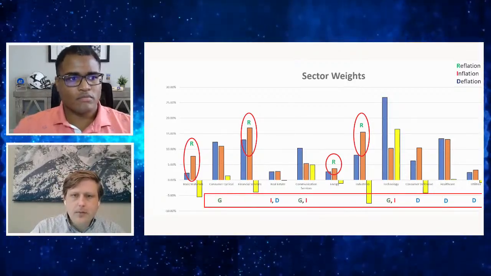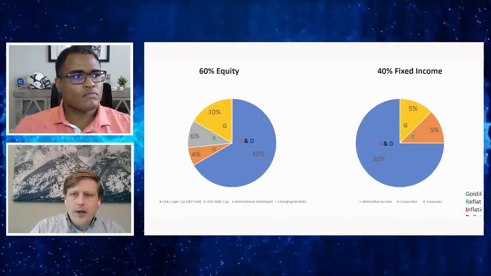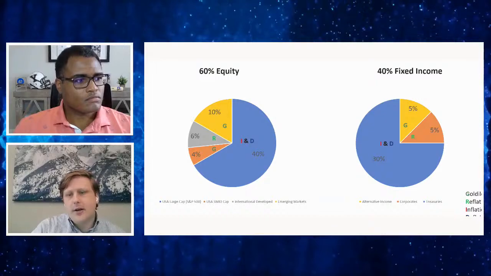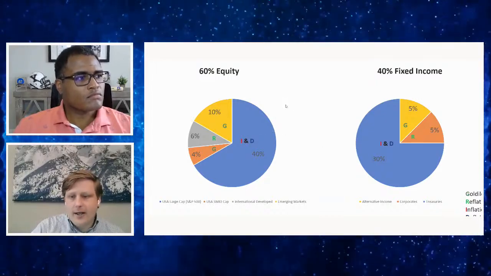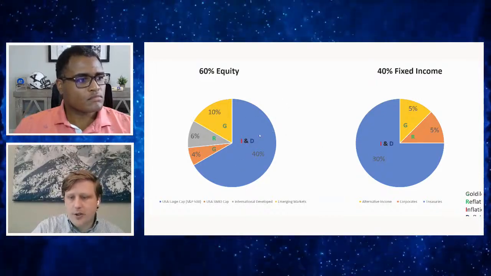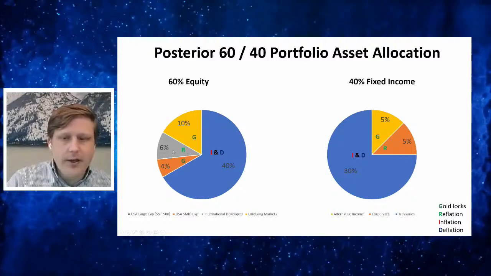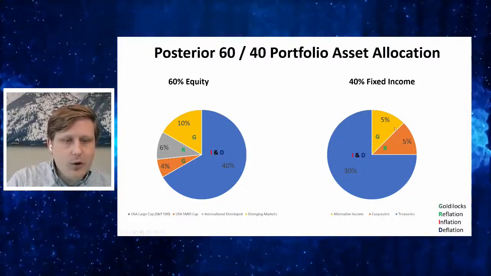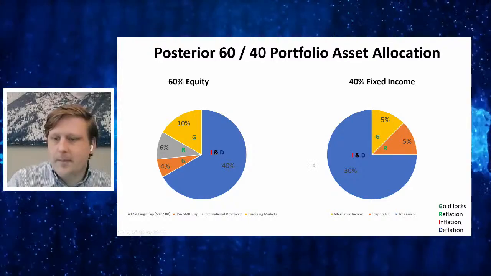Thank you. So yeah, on your posterior 60/40 portfolio asset allocation, if you had made that asset allocation adjustment, you'd have more exposure to the U.S., less to reflation. You'd obviously have a lot more exposure to your treasuries relative to your corporates and your alternative sources of income.